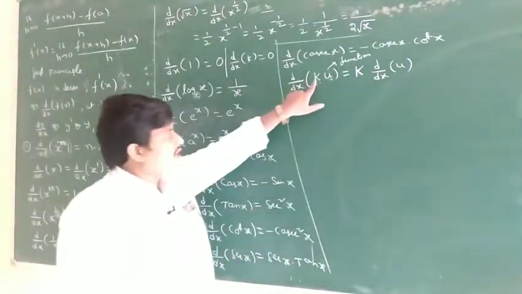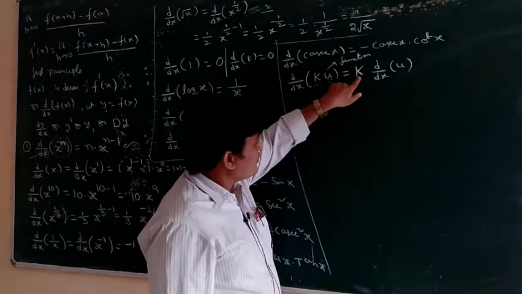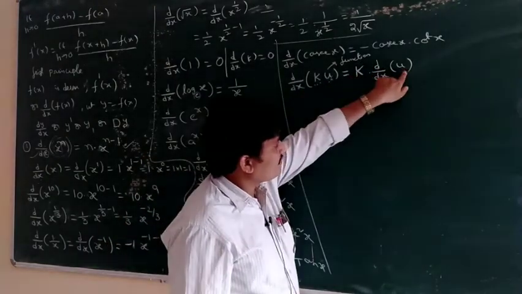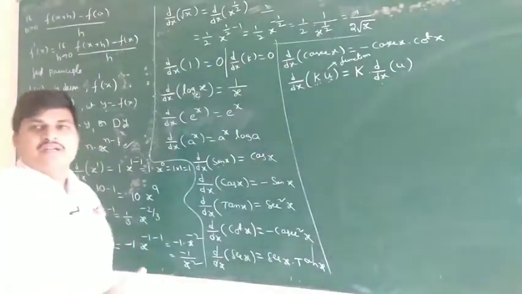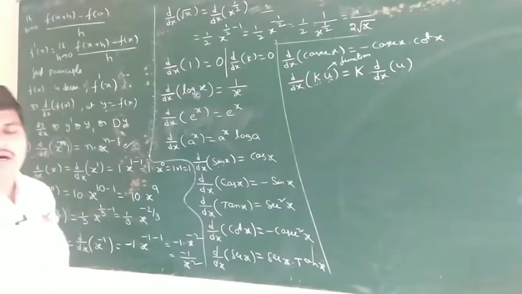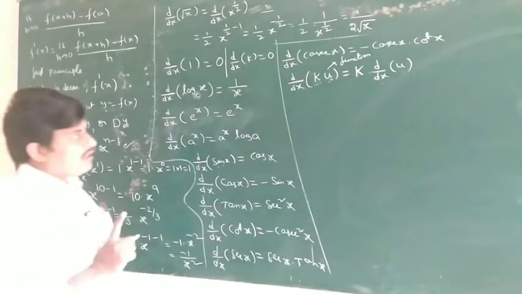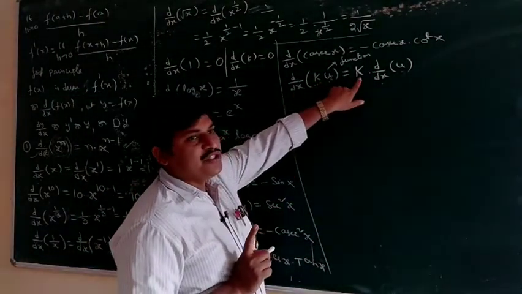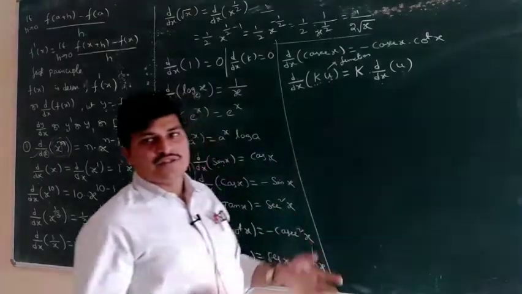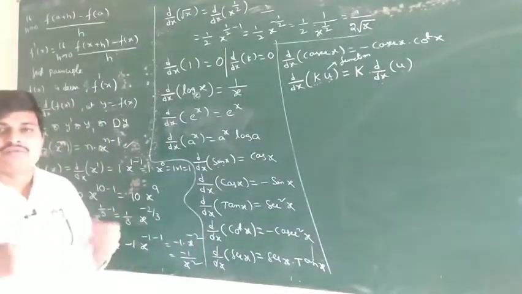So derivative of a constant into u means the constant into the derivative of the other function. You should not take the derivative of the constant, because the derivative of a constant is 0, and 0 into something is also 0.